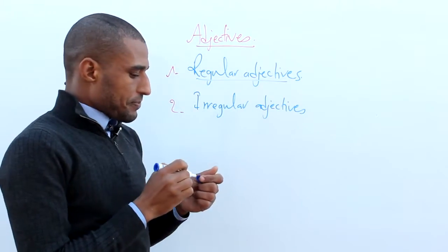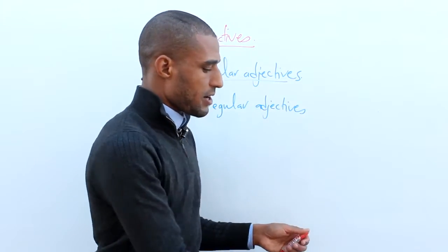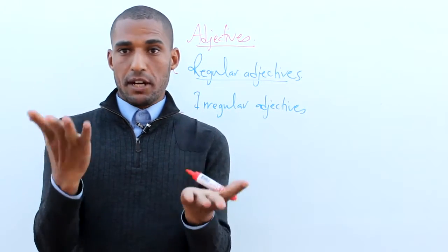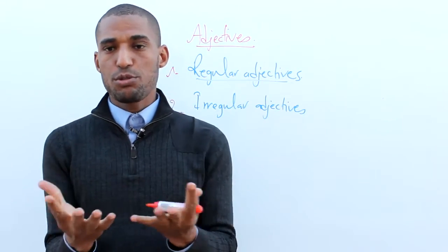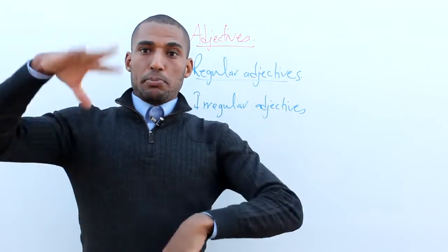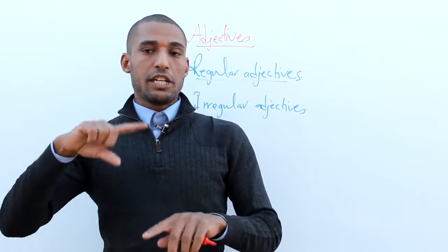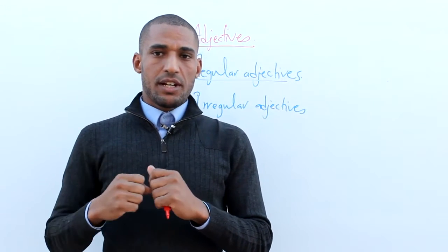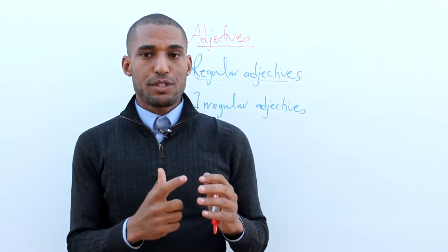Right? Good. Now, you should know first of all, our aim is to know how to form the comparative form, how to compare between two things or two people, and how to express superlative. That's one thing among many things, is the most, maybe the most expensive, maybe the most beautiful.